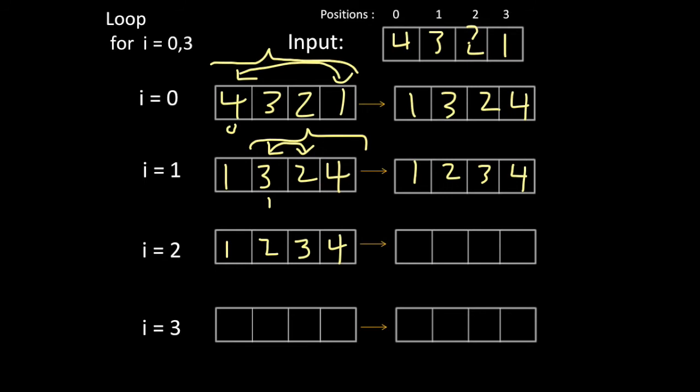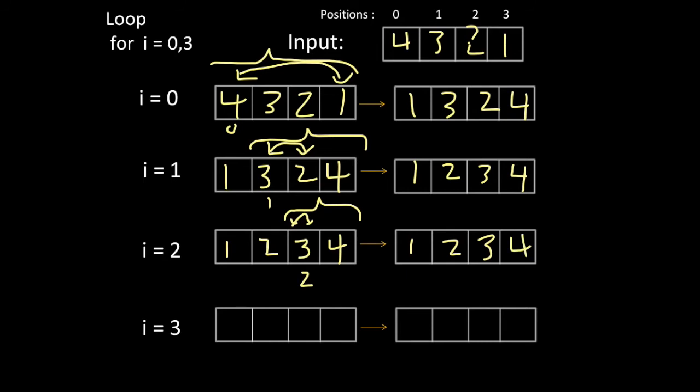So we find the minimum value from position 2 onwards. That value is 3, which is already at position 2, but we swap it with the value at position 2, and here's the resulting list.